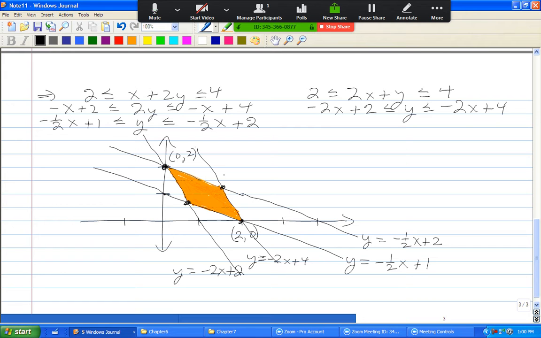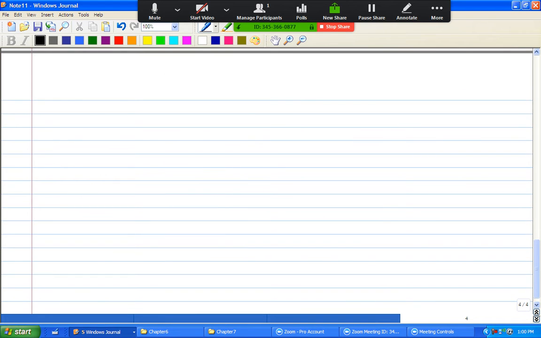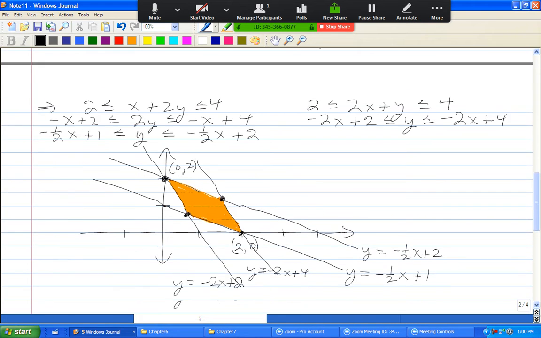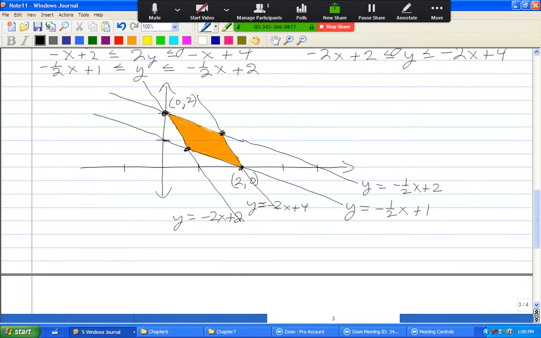So let's figure out where each of these points are. And so let's set these two equations equal to each other. Negative 1/2 x plus 1 equal to negative 2x plus 2.